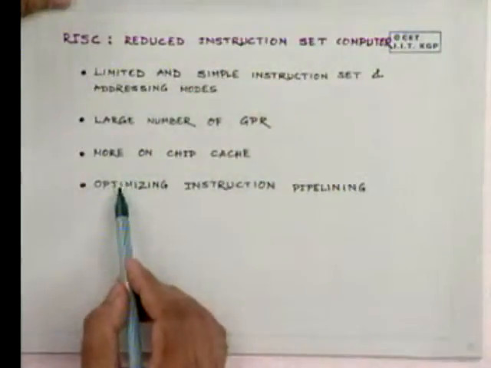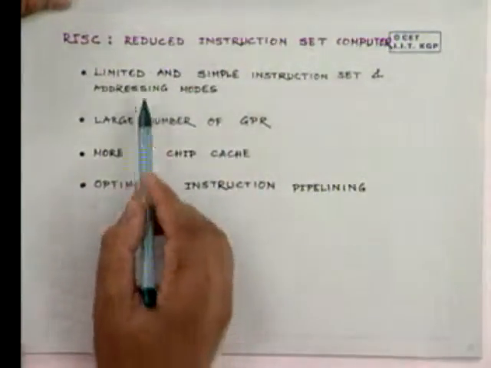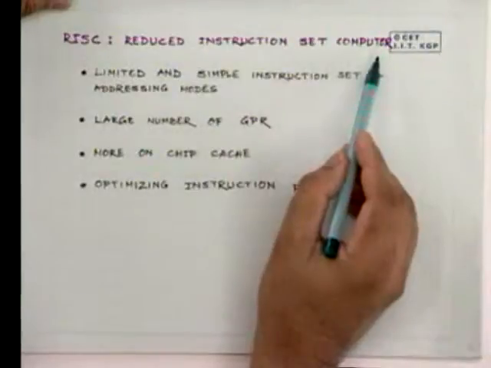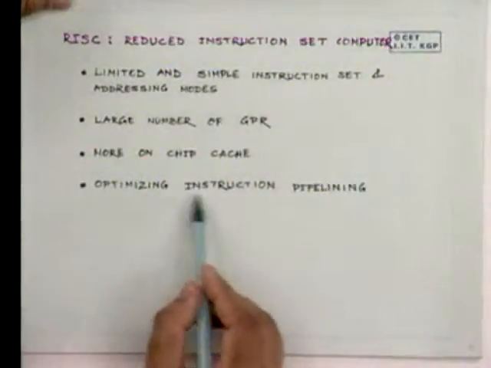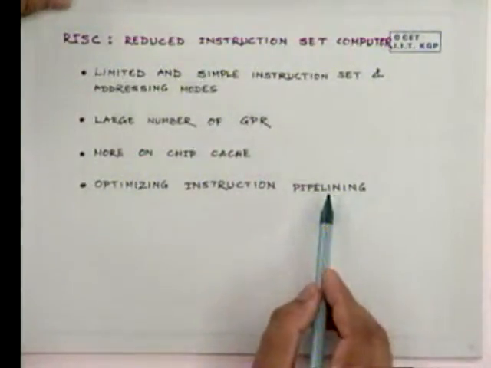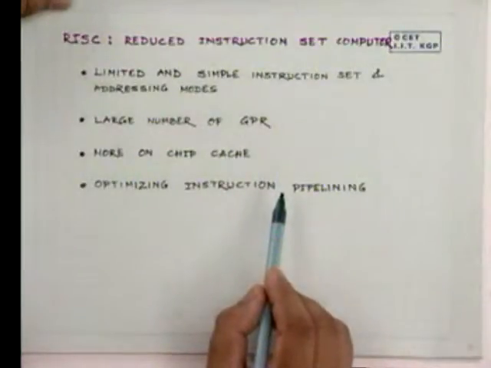Another thing the reduced instruction set computer tries to do is optimize the instruction pipelining. As we indicated earlier, when you are executing one instruction, the next instruction can be fetched and prepared for execution.